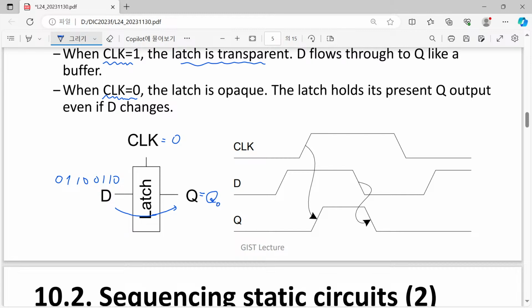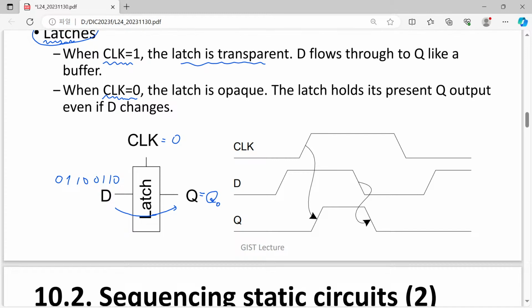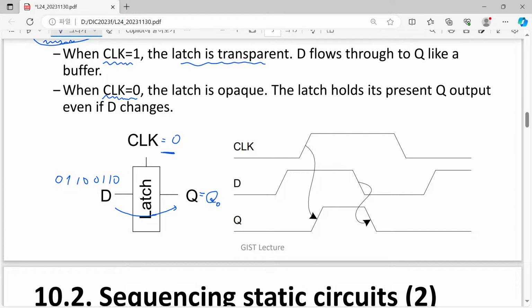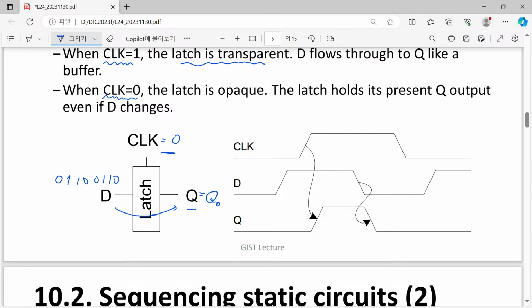So this is the one we wanted to have. When clock equals 0, sometimes you may say that Q is not determined by D. However, the point is, it keeps its previous value, so this should be a stable output.